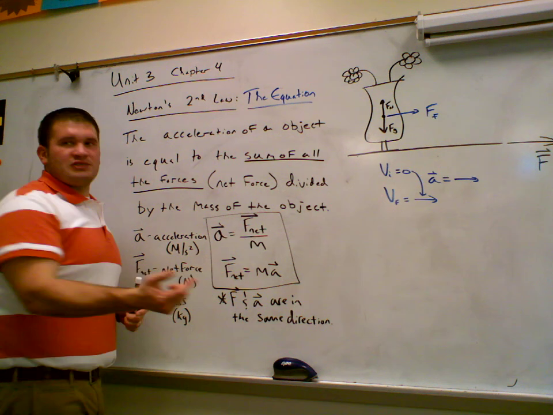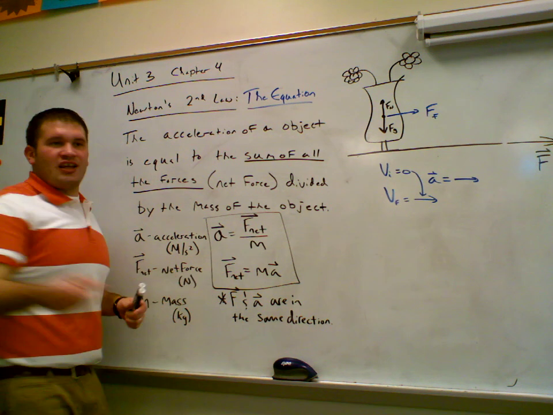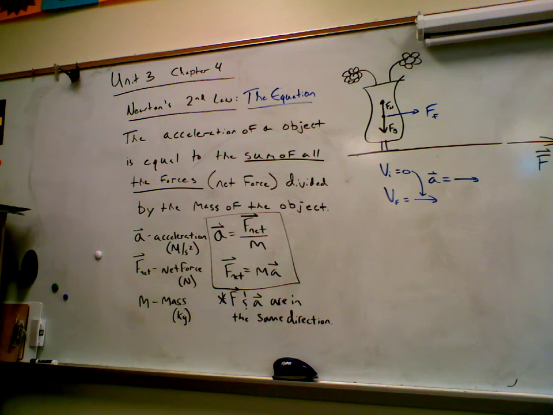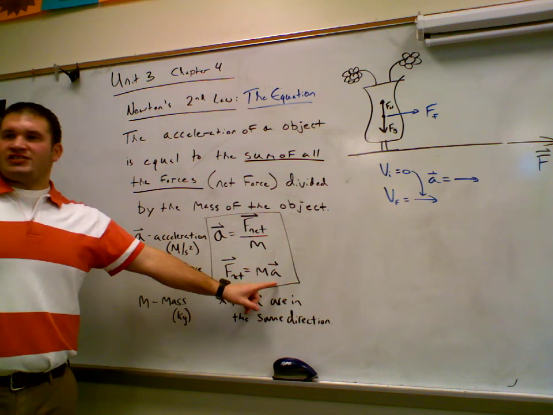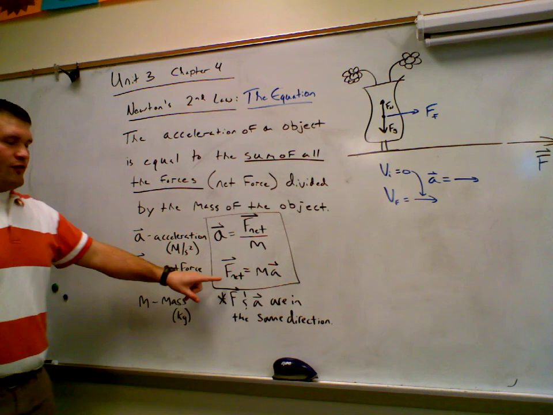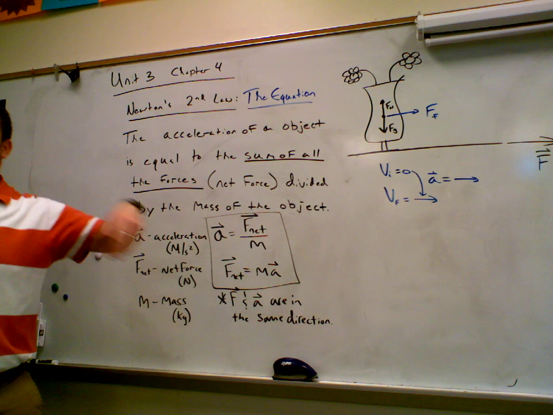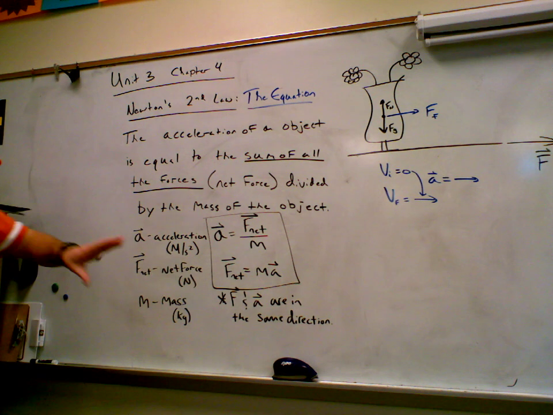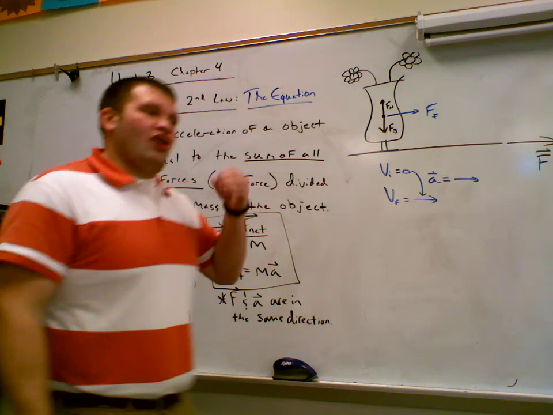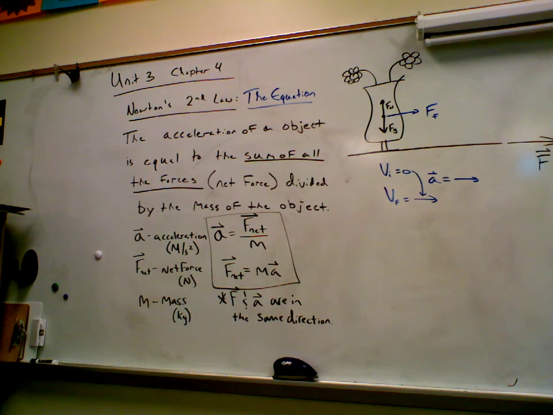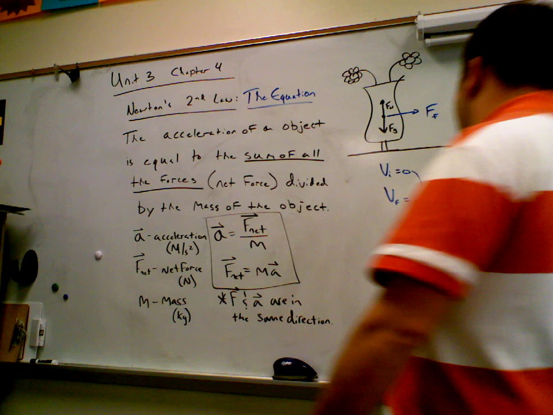Because if mass is positive and my acceleration is positive, my force is going to be positive. Positive times a positive is a positive. If acceleration is negative, then my force will be negative, because positive times a negative is always a negative. So force and acceleration are always in the same direction because mass is always a positive number. Okay, does that make sense? Are there any questions?